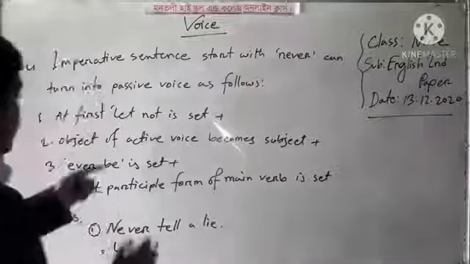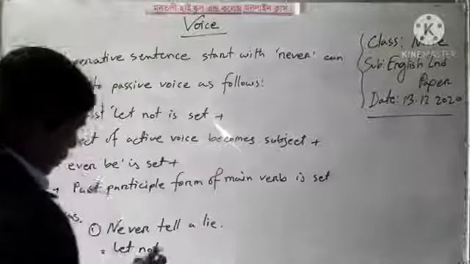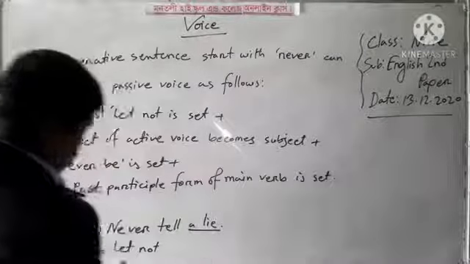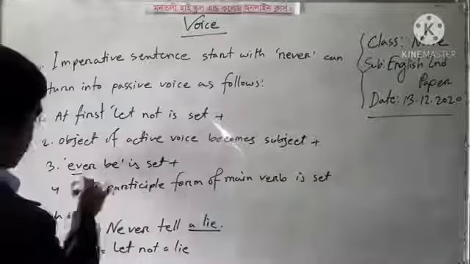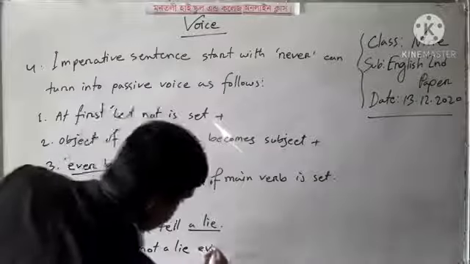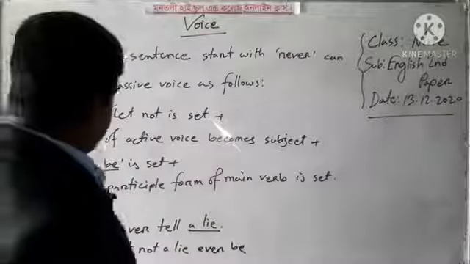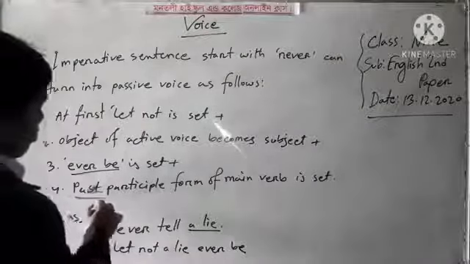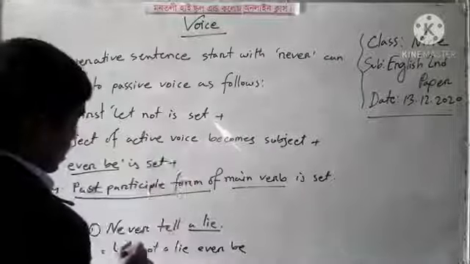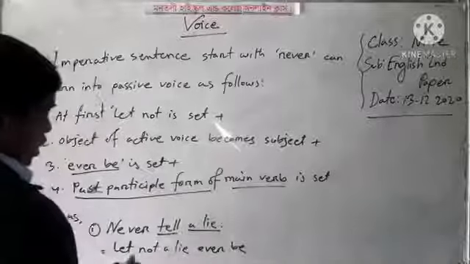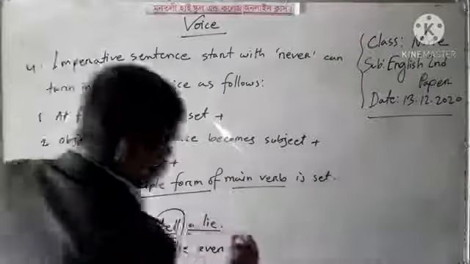Now I have to write the object of the active voice. The object of the active voice is a lie. So let not a lie, then I have to write ever be. Let not a lie ever be. Now I have to write the past participle form of the main verb. The main verb is tell. The past participle form of tell is told.